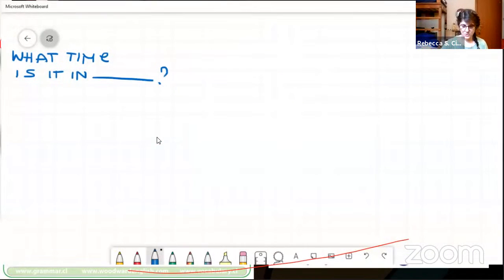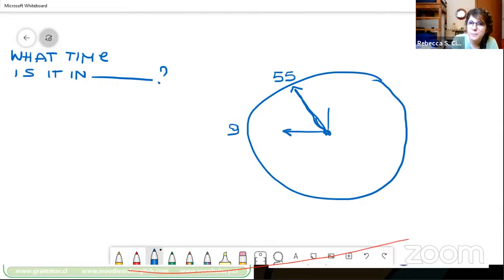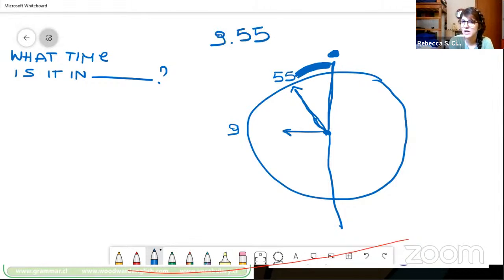So in this case we have a clock. This is very bad, but bear with me. Basically what we do in this second half is we count how many minutes are left to reach this point. If we have 9:55, how many minutes are left to reach 10 o'clock?